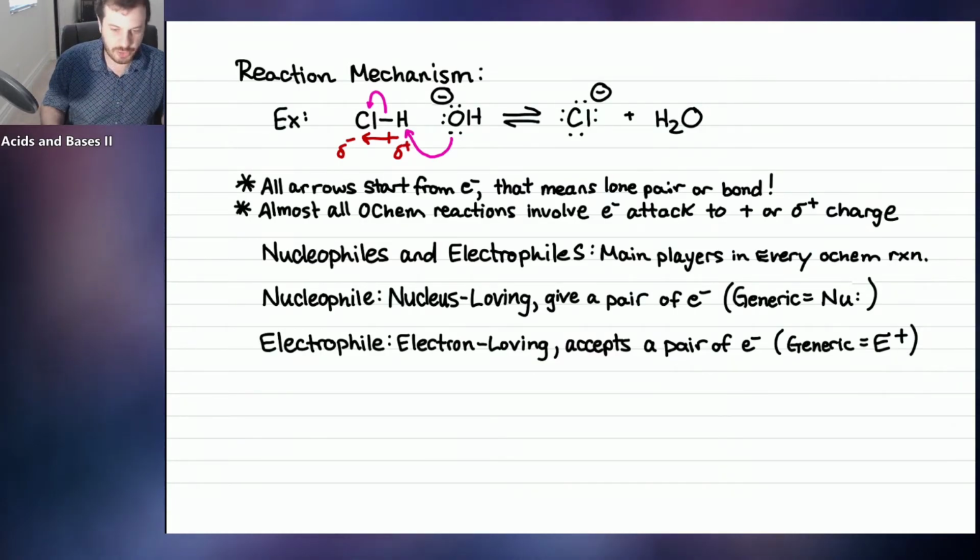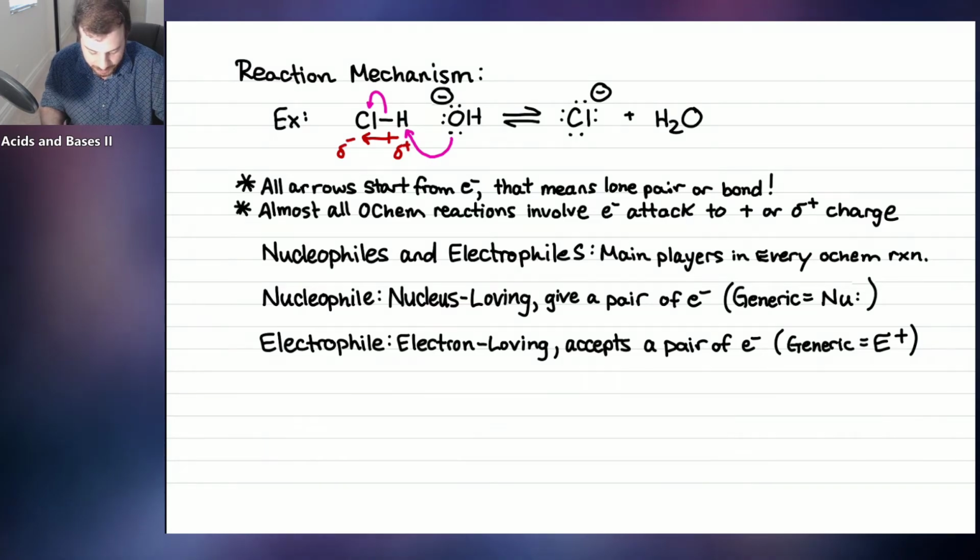So you can kind of see this is similar to the acid and base idea. Electrophile, instead of accepting a proton, it's accepting a pair of electrons. And a nucleophile, instead of giving a proton, it's giving a pair of electrons. So the whole concept of acids and bases, donors and acceptors, the analogy is now moving towards organic chemistry, where we're talking about two new terms, not acid and base, but nucleophile and electrophile.